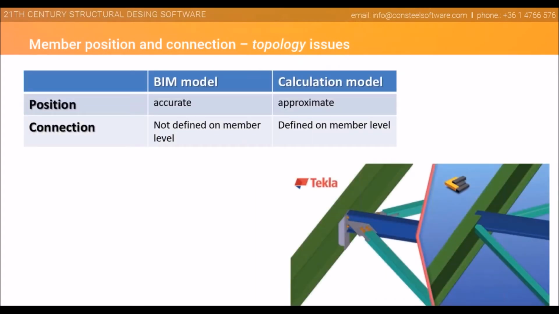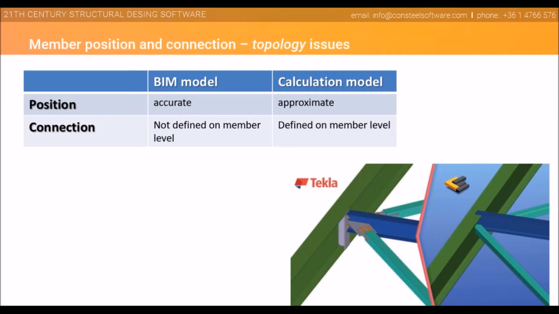According to the role of the elements, there are positions and connections for each, and these could be different in the physical BIM and the analysis model. As a general principle, we can say that the position of the elements in the BIM model is accurate because this model will often be the base of manufacturing, but the connections to each other are not defined on member level.